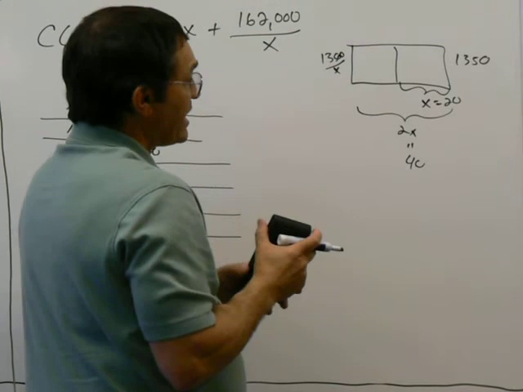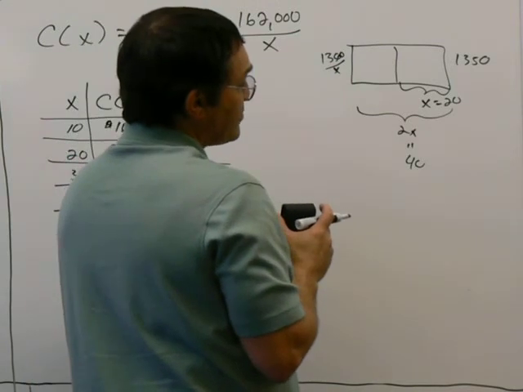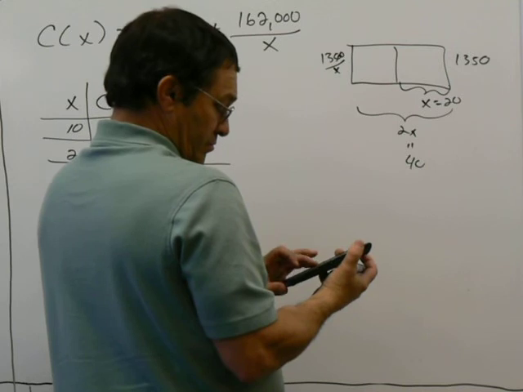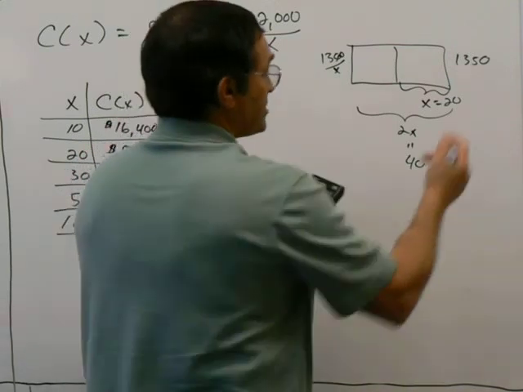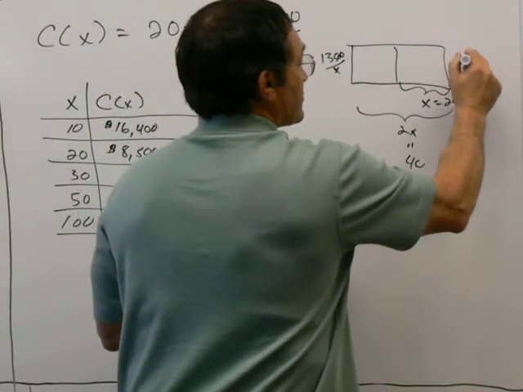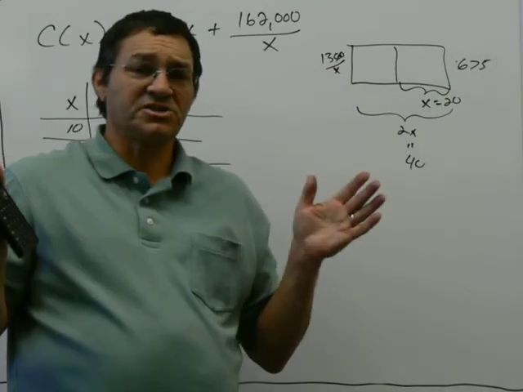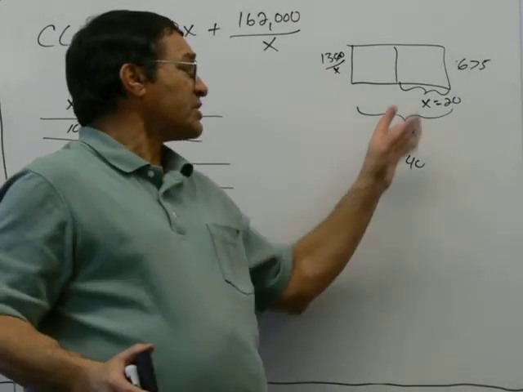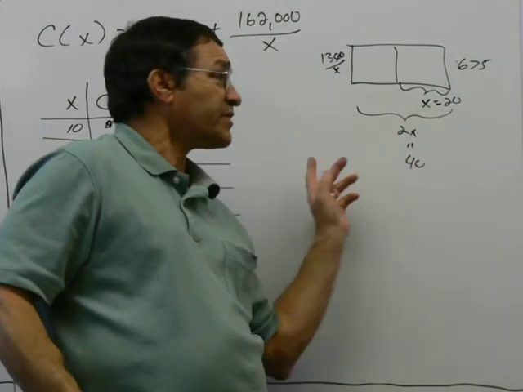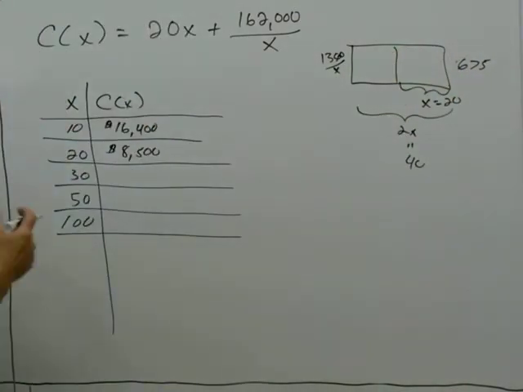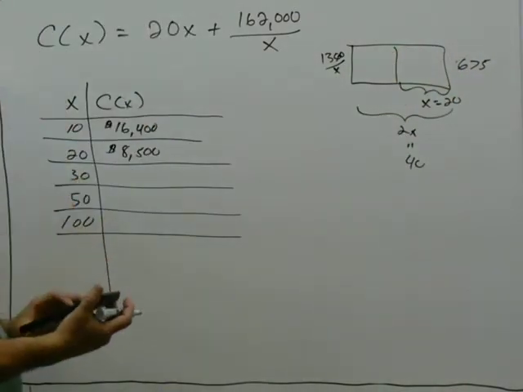And this would be 13,500 divided by 20, which would be 675 feet. So again, the problem we've got is I need this to be more equal in terms of the total width here and the total height or depth or length right there. And so let's get some more functional values.